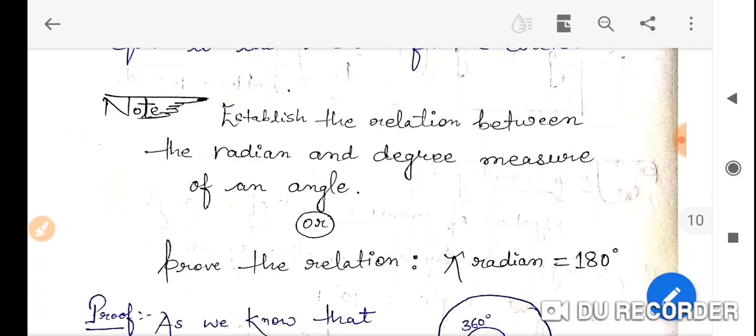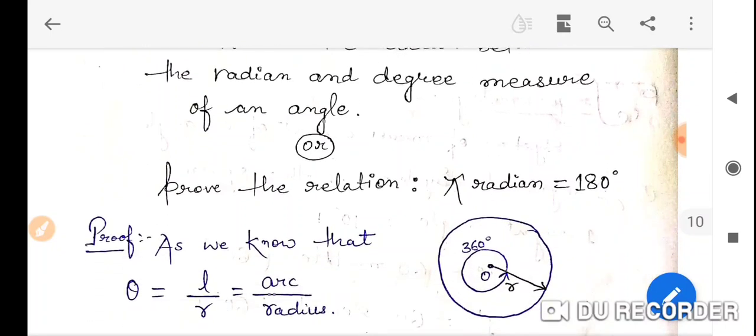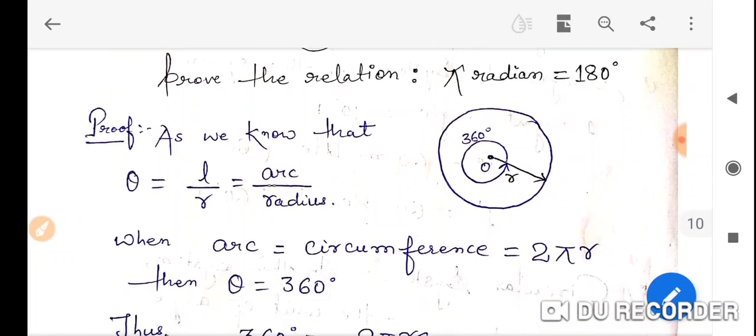Now, one noticeable point is here. Establish the relation between the radian and degree measure of an angle, or prove the relation pi radian equals 180 degree. Let's see the proof.